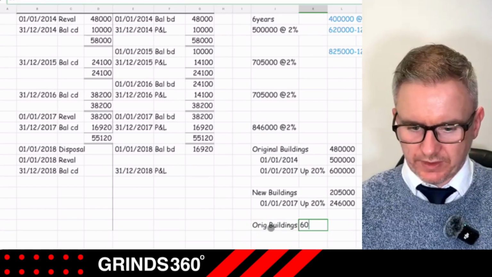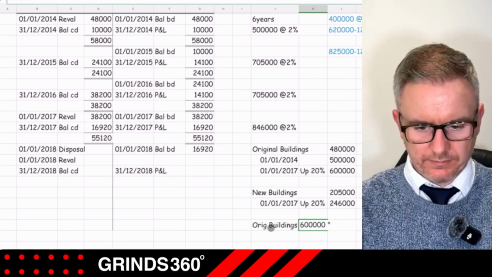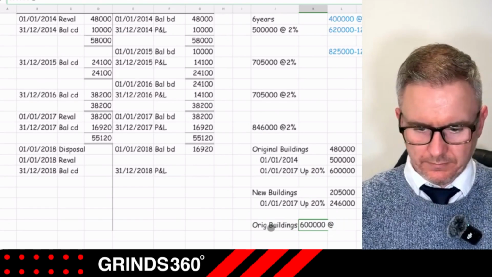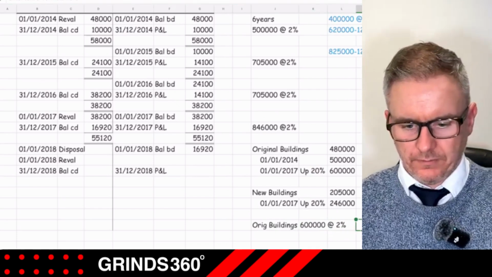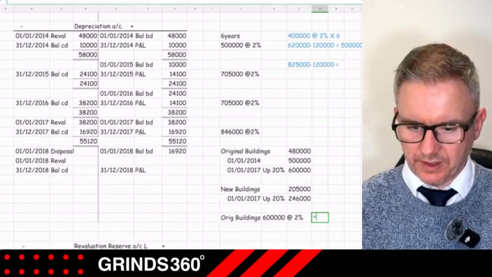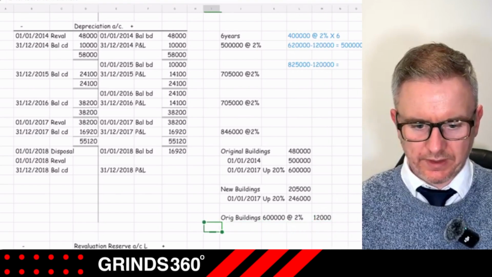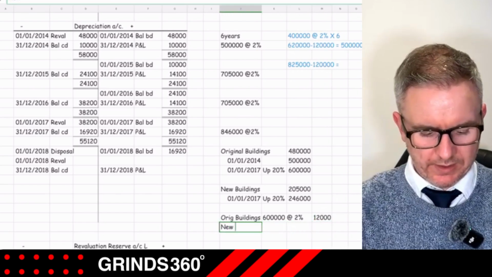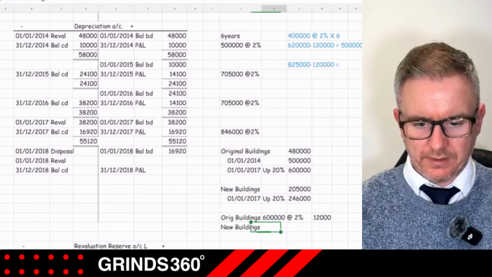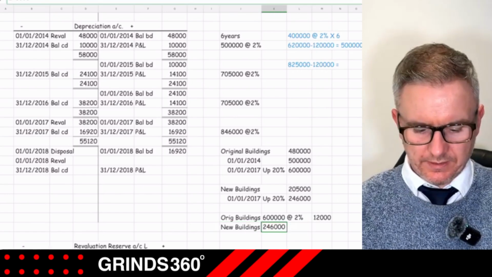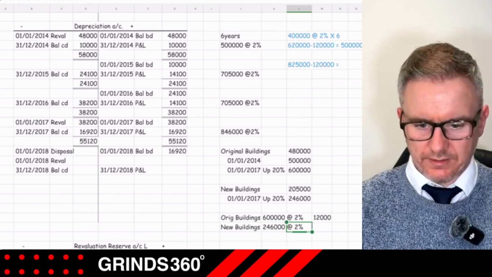We could say that on the original buildings, we had 600,000 at 2%. So that's 600,000. That was 12,000 there. And then on the new buildings, 246,000 at 2%.